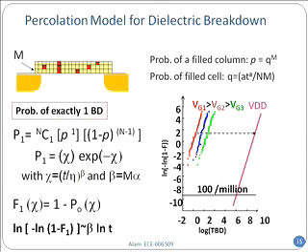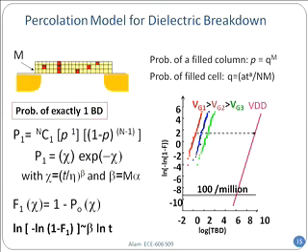Now, the probability that you will have exactly one breakdown spot on the left hand side is called P1. Now you see, this vertical column, the weak column, could occur anywhere within all the columns, right? So you take nC1, that is, you say choose one out of n vertical columns, then P to the power 1, because one cell is taken, and (1 minus P) to the power n minus 1.